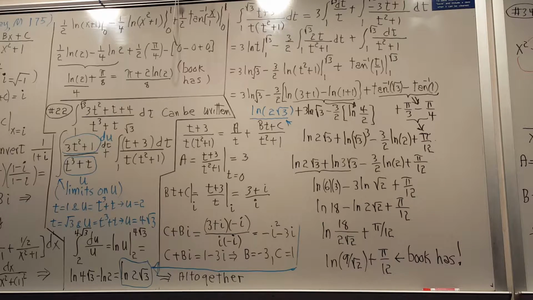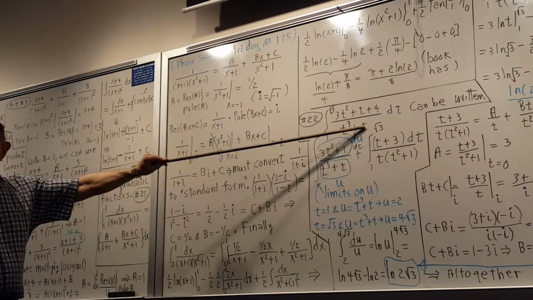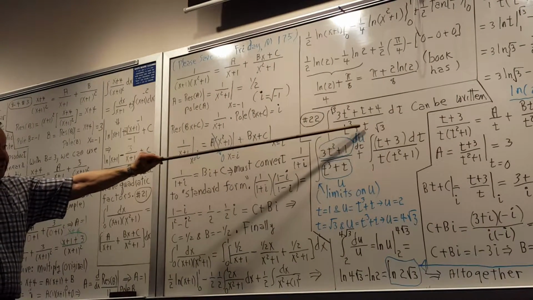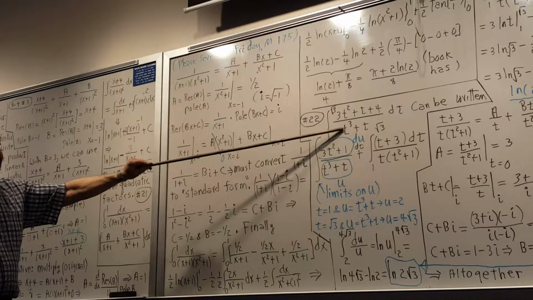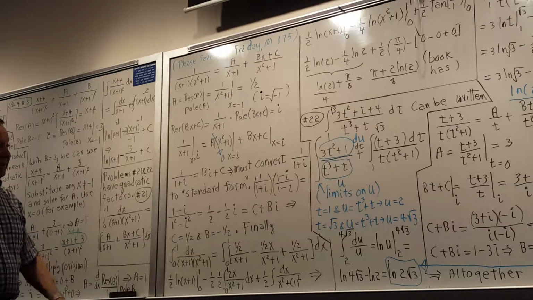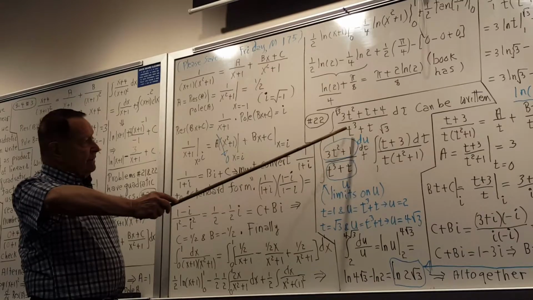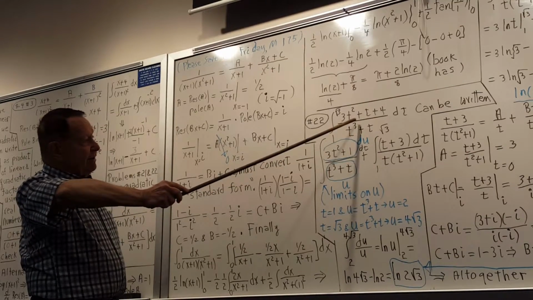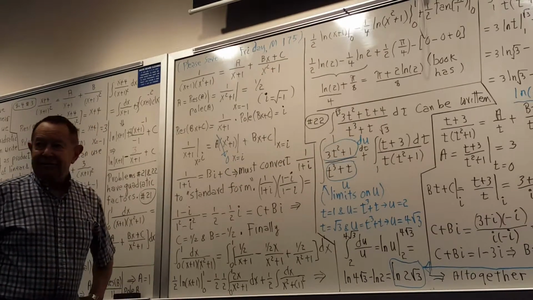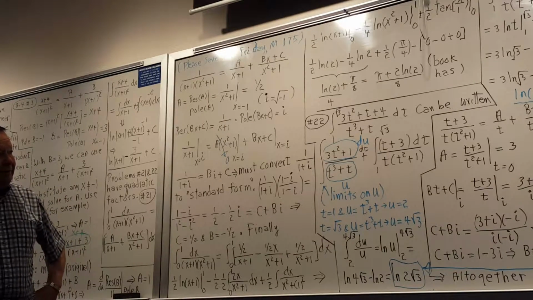Meanwhile, let's take a look at problem 22. This one is also the quadratic denominator. You can factor this, of course, and you'll have t and t squared plus 1. And so another thing that you can do, you don't necessarily have to do it the way that I have done it here.